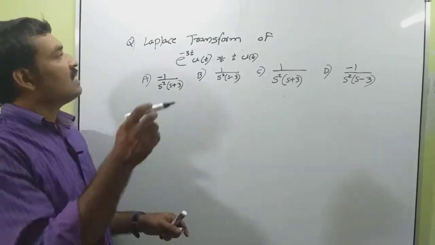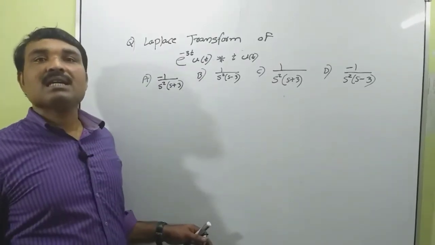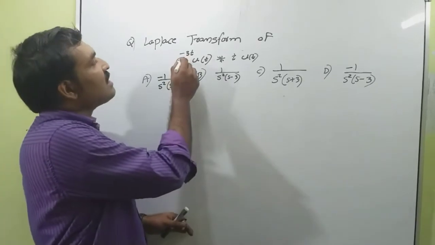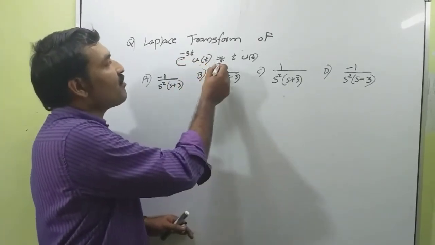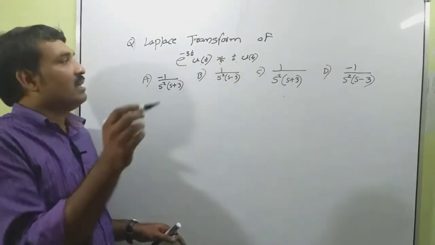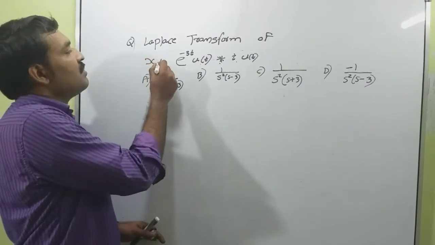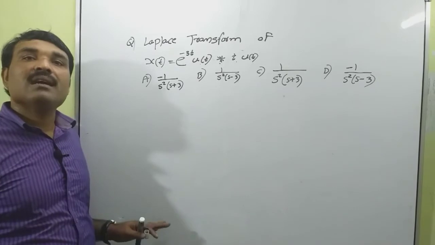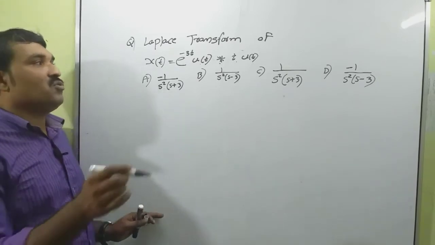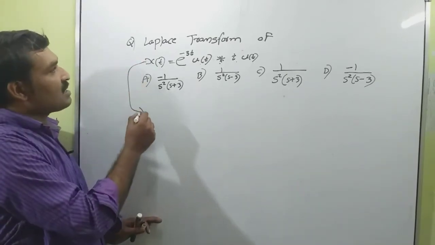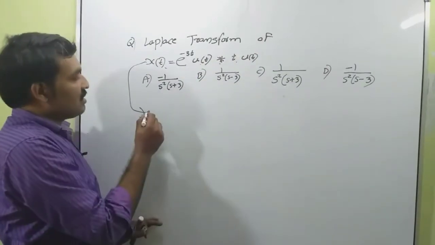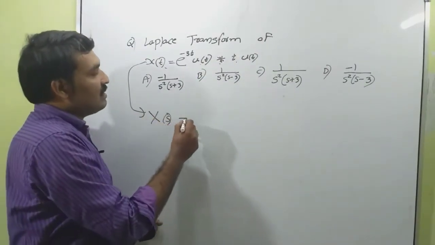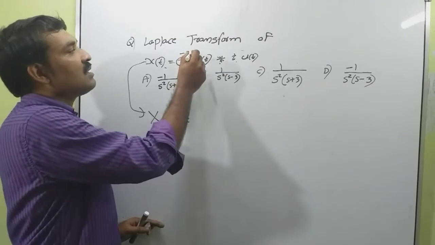The question is, we want to find the Laplace transform of this function, that is e raised to minus 3t u of t convolution of t into u of t. Let this be represented by x of t. Now we know that convolution in the time domain is equal to multiplication in the Laplace domain. So take the Laplace transform on both sides of this equation, that is X of s is equal to the transform of e raised to minus 3t into u of t.